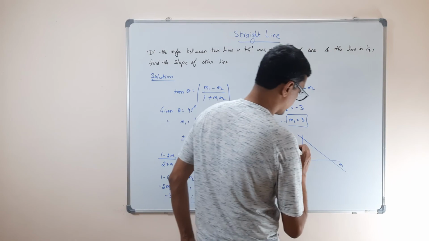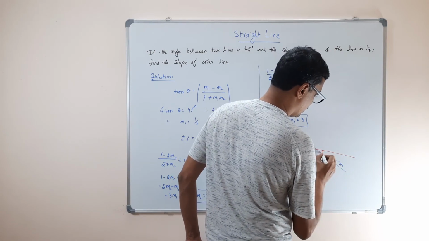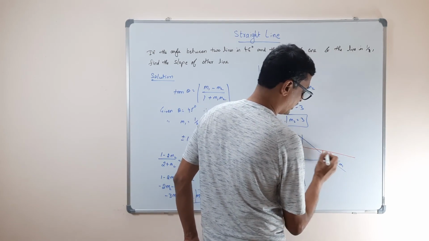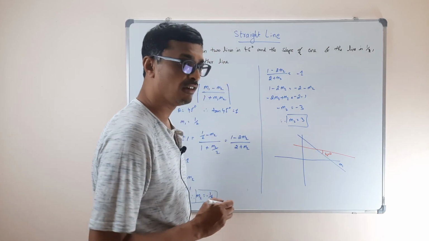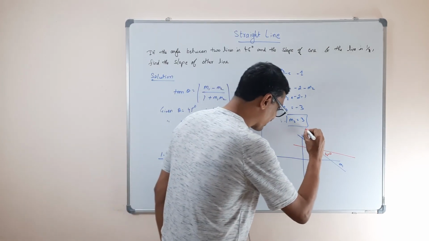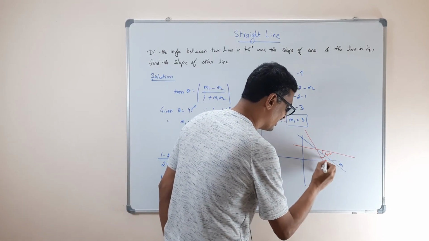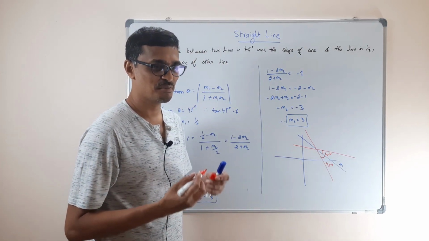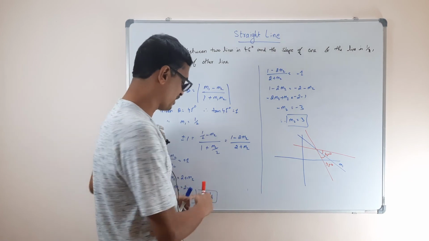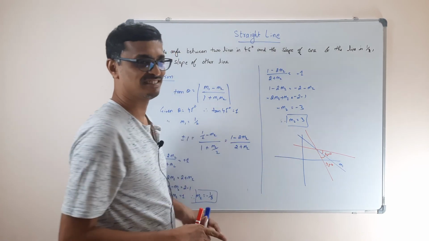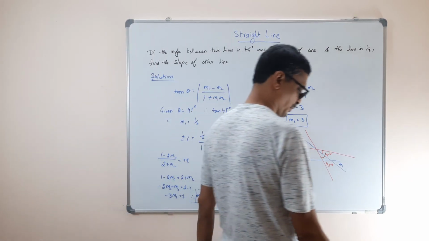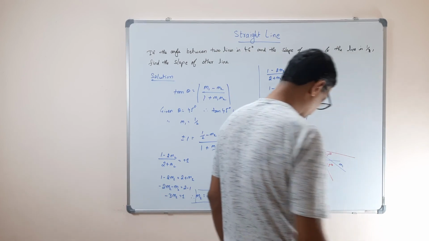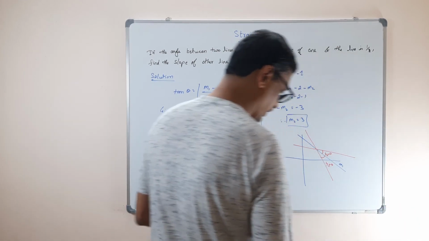You will draw like this, right? 45 degree. Is this the only way you can draw? You can draw like that as well. Like here also you can draw. Okay, how many lines can you draw? Basically 2 lines, right? Therefore you are having 2 slopes. Got it? Okay? So with this we will stop. Do the rest of the exercise and let us see.